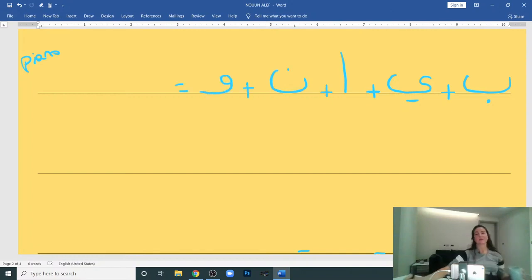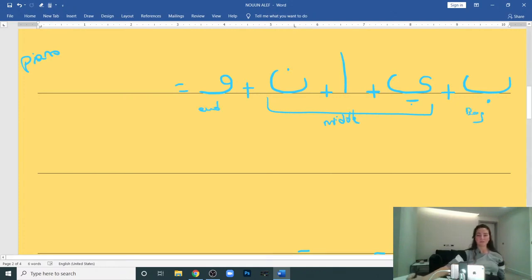Okay? These are the letters we need for piano. B, y, a, n, o, biano, which we pronounce as piano. Okay? So let's analyze. We have here three letters, and so these are in the middle. And we have here the beginning and the end.